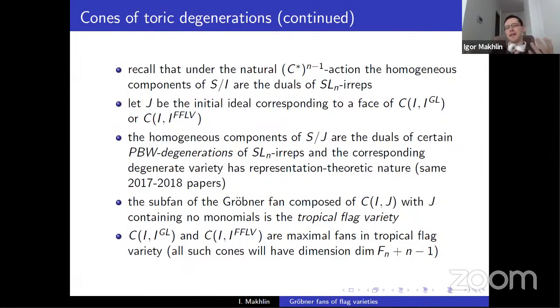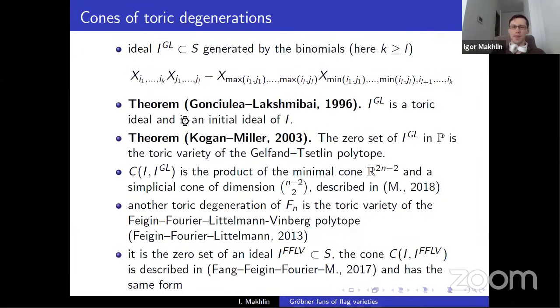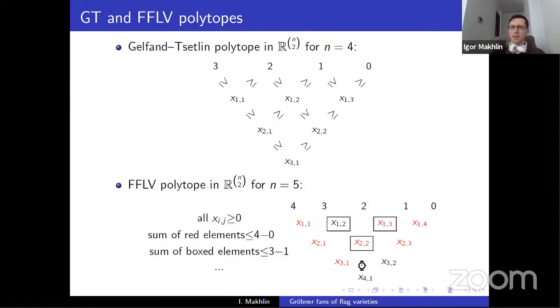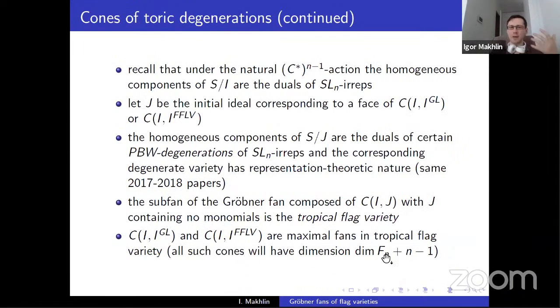Obviously this is a very imprecise definition, but it turns out that when we have a point in this cone, or in the closure of this cone, these homogeneous components of this degenerate Plücker algebra are what is known as duals of PBW degenerate representations.